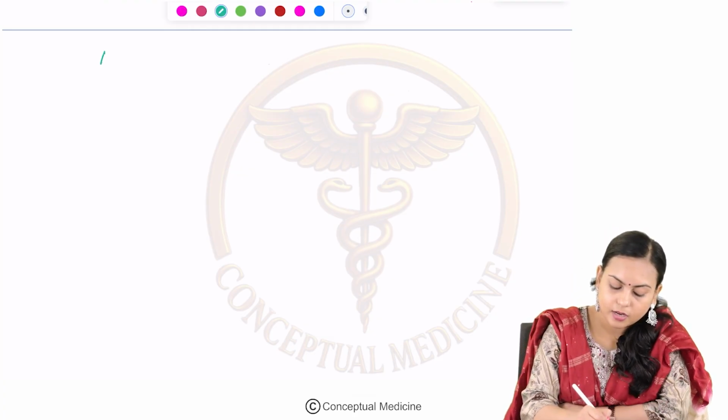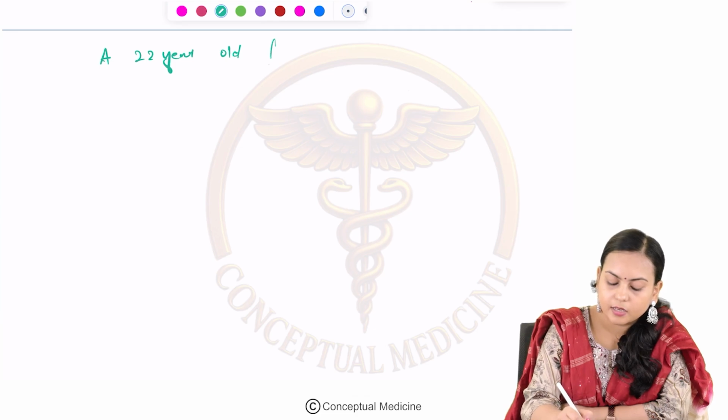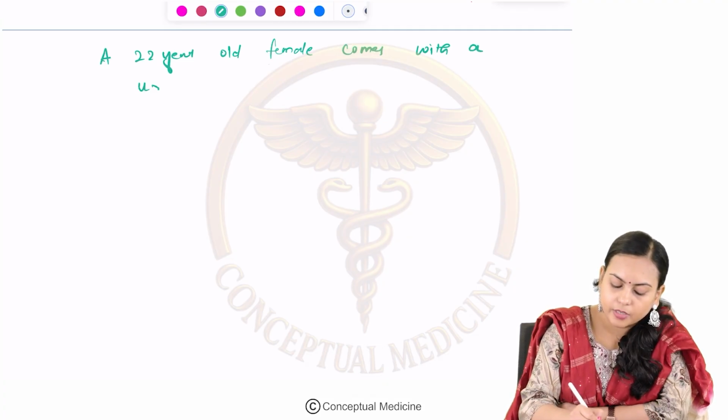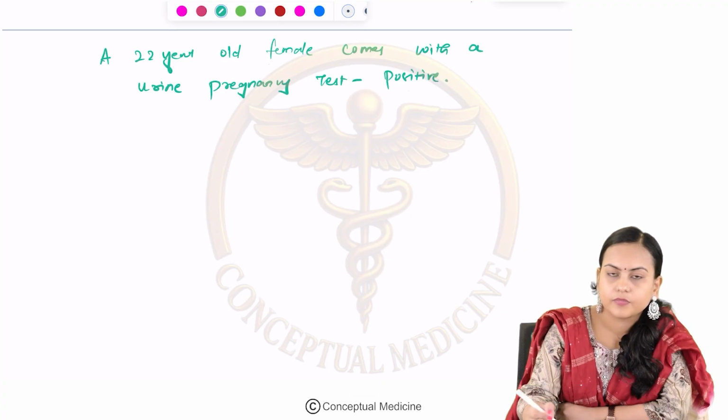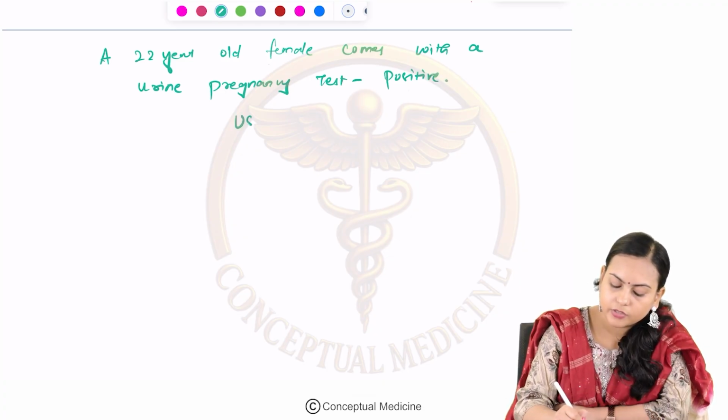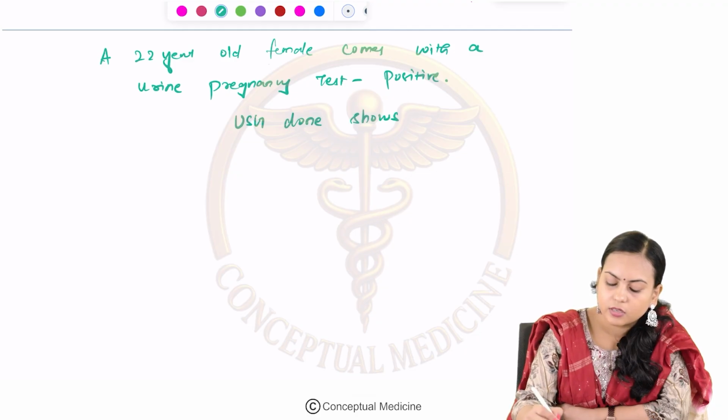Now, we will see a case scenario. For example, a 22-year-old female comes with a urine pregnancy test positive. Okay. USG done shows no sac.